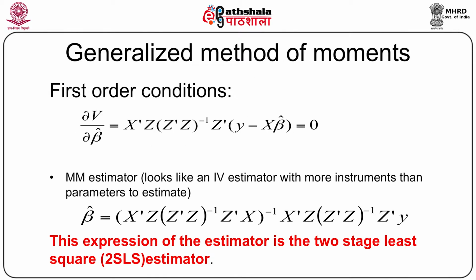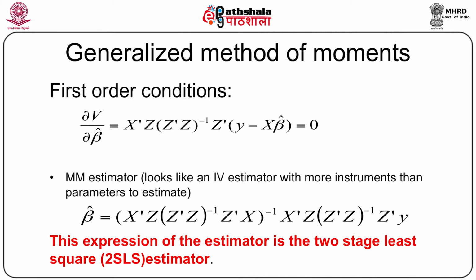Now, minimizing the expression V with respect to beta, and setting the expression del V by del beta hat equal to 0, you get X prime Z (Z transpose Z) inverse Z transpose multiplied by (y minus X beta hat) is equal to 0.